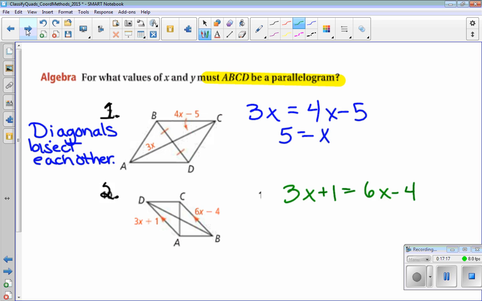I've marked one pair of parallel sides. That's what the arrows mean. Are they hard to see, the arrows? So I know that AD and BC are parallel. AD and BC are also marked with 3x plus 1 and 6x minus 4. So if it's going to be a parallelogram, look back at our list.